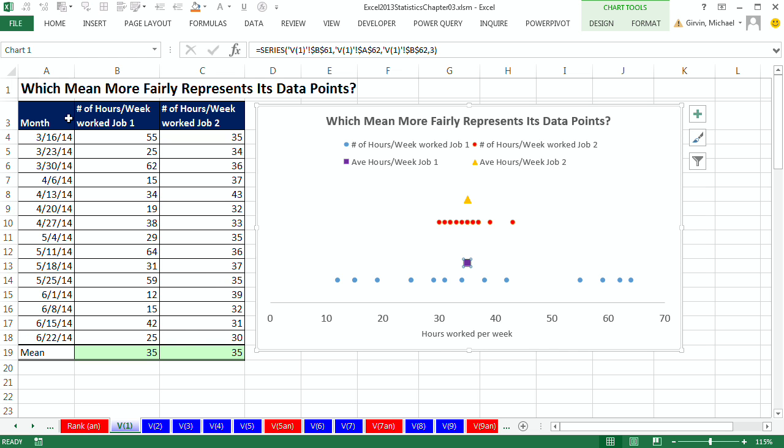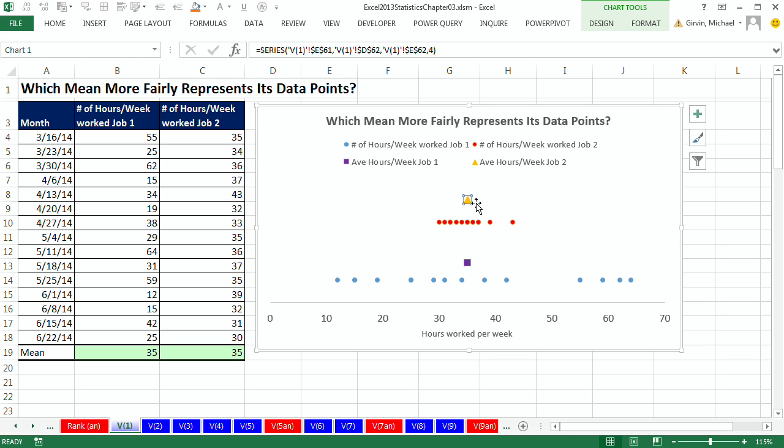So one question that standard deviation can answer is, which mean more fairly represents its data points? Right now, this one, because all of these values are much closer to that. Now look, the distance between these two and this one, that little distance there is called a deviation. It means here's a particular x, here's the mean.